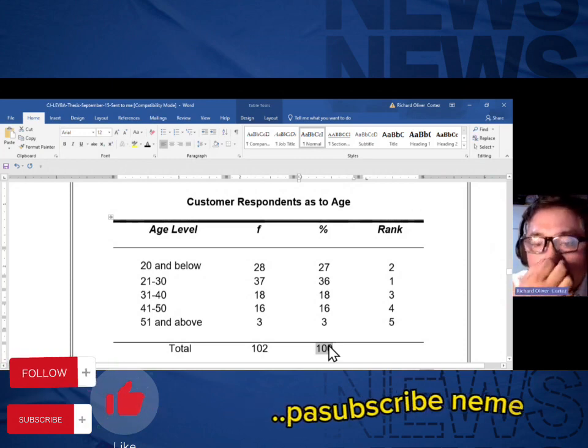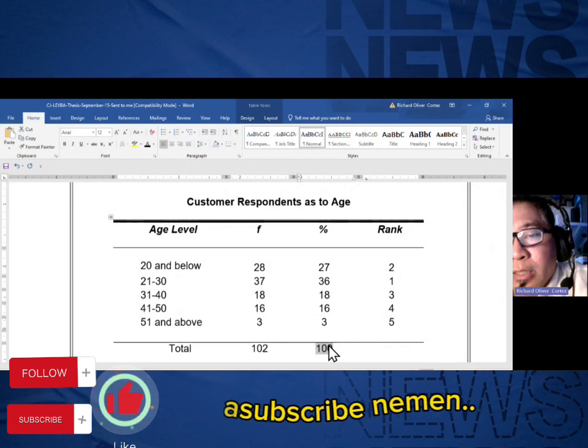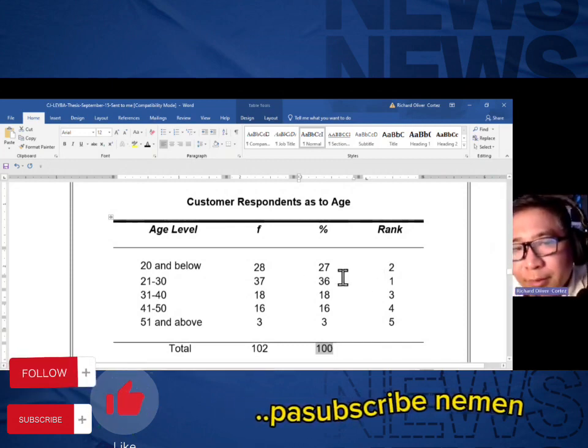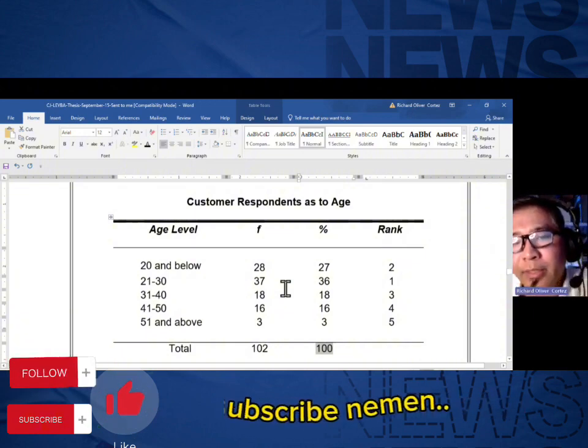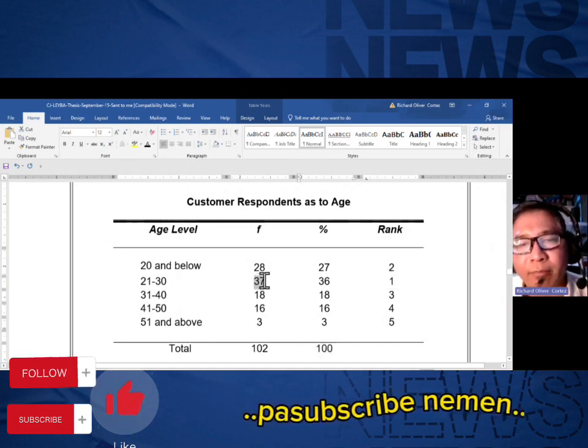The fourth and last column of your table for the demographic profile should be the ranking. Ranking is easy, right? This is based on the frequency or percentage, and you will get the ranking. Example, number 1 is 37, of course.